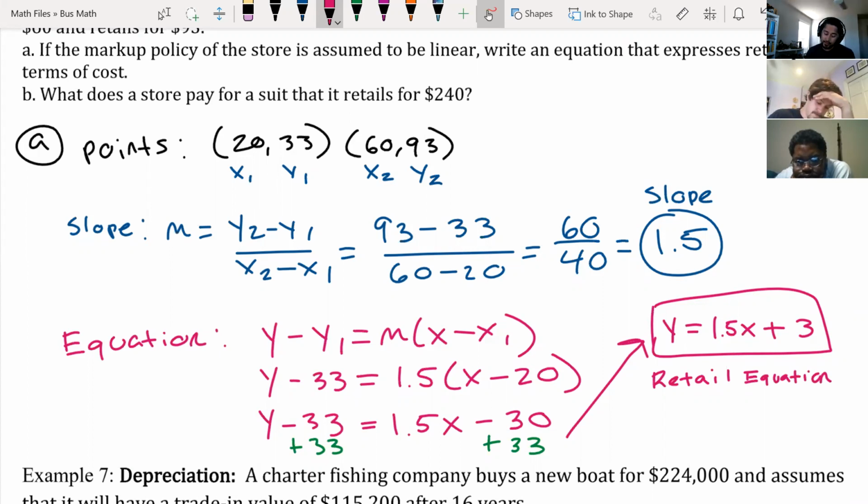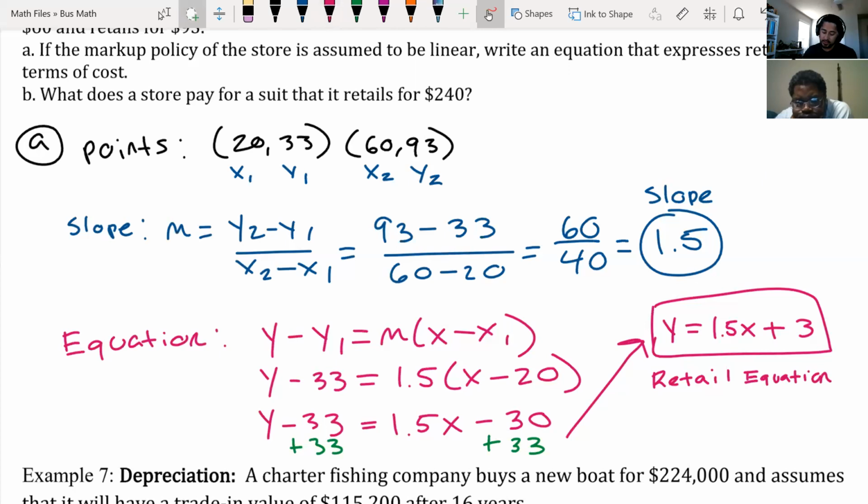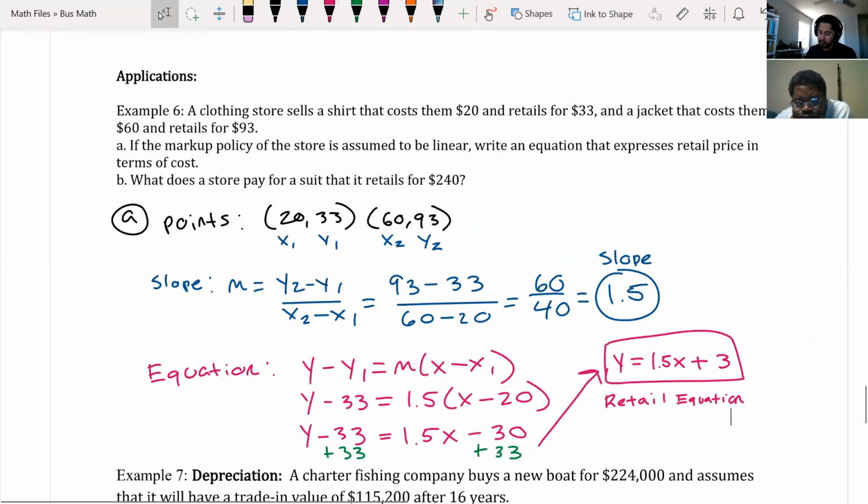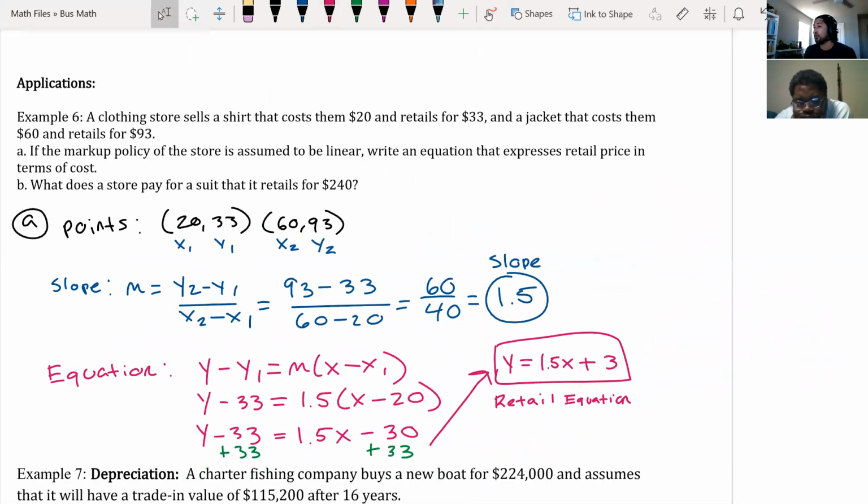Okay. So B, it says, what does a store pay for a suit that retails for $240? So does this mean that we plug 240 in for x, or do we plug 240 in for y? Y. Very good.